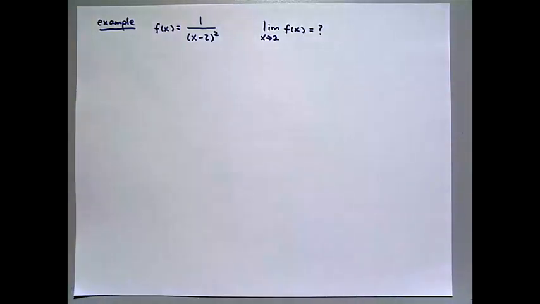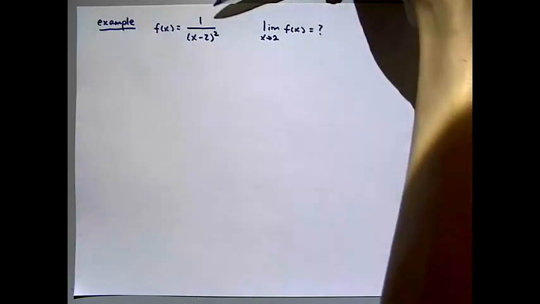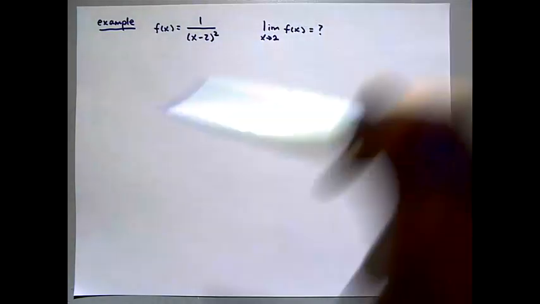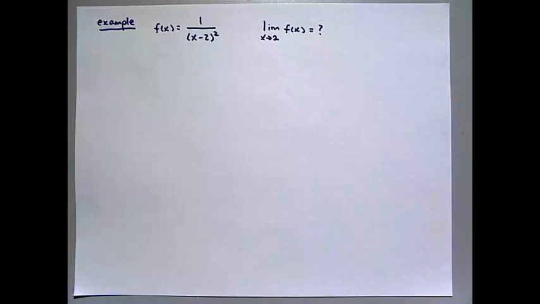Just like in the last example, very obviously we spot right away that x cannot be equal to 2. But I can make x arbitrarily close to 2. If we do that, what is this function 1 over x minus 2 trying to do? Same kind of thing we did in the last example.